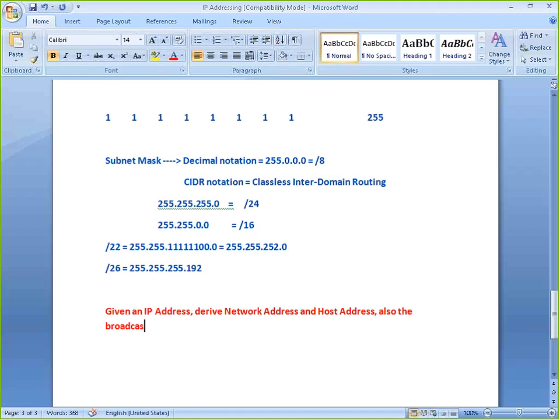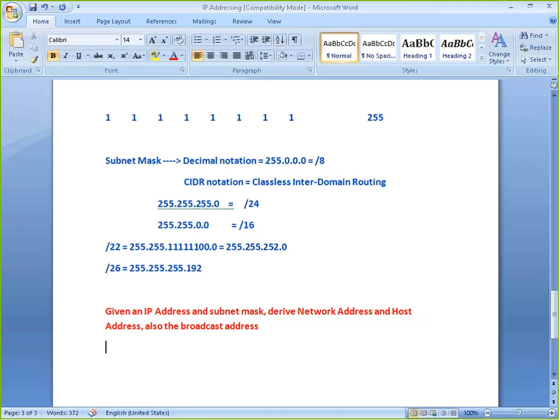That's the next thing that we are going to talk about. So once we are given an IP address, along with the IP address we also need a subnet mask. Once we are given an IP address and a subnet mask, we are going to derive the network address, host address as well as the broadcast address. So these are the things that we are going to discuss right now. So let's go ahead and do that.